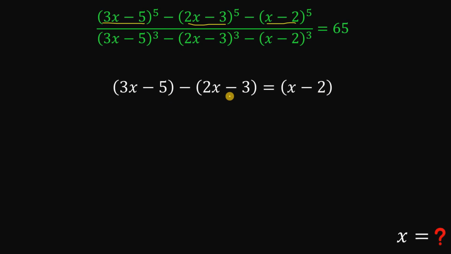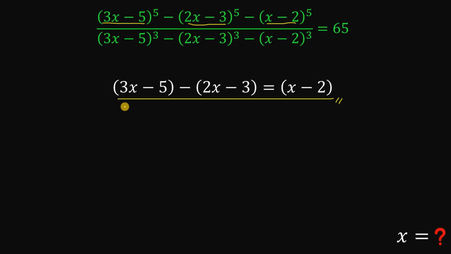Also, we can use 2x minus 3 plus x minus 2 equivalent to 3x minus 5. But I like to use this one because on my scratch paper, when I first answer this kind of question, this is the first thing that I see in this question. So I will stick to this solution.